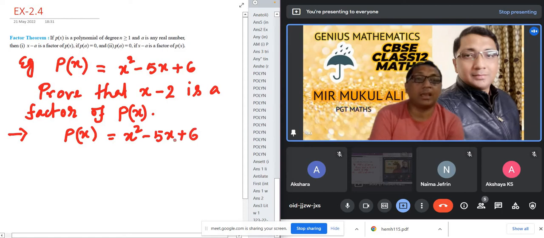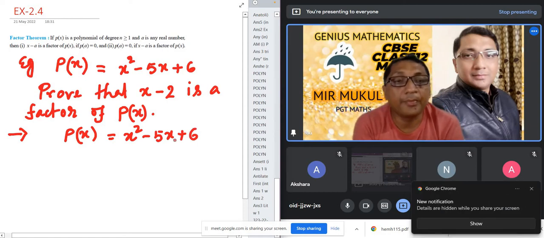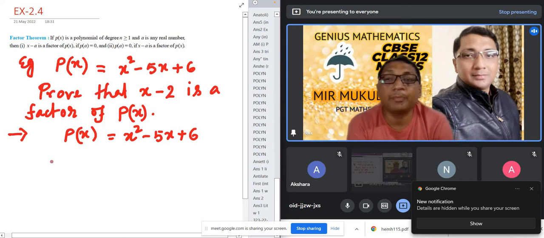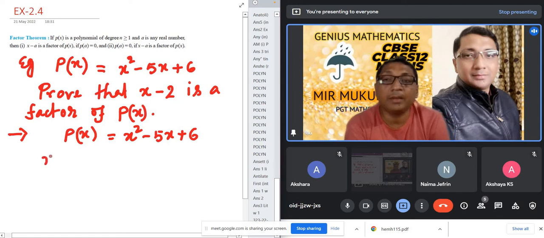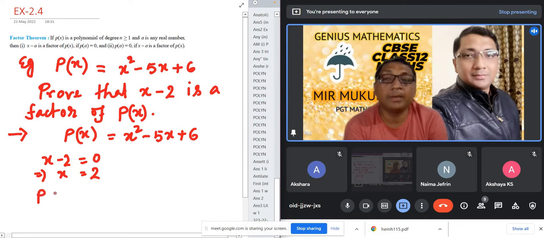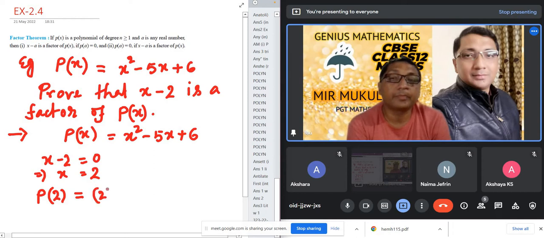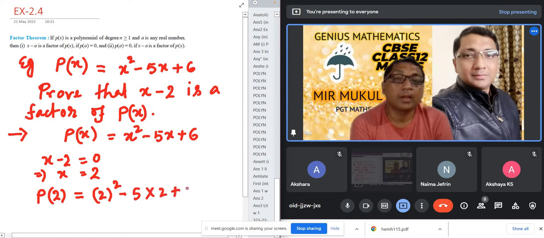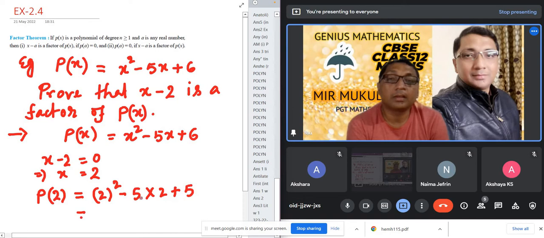If you are checking whether x minus a is a factor or not, you have to find the remainder. So here you are dividing p(x) by x minus 2. So x minus 2 equals 0 and x equals 2. Now find the remainder, that is p(2). Is 0 coming or not? So 2 squared minus 5 into 2 plus 6.